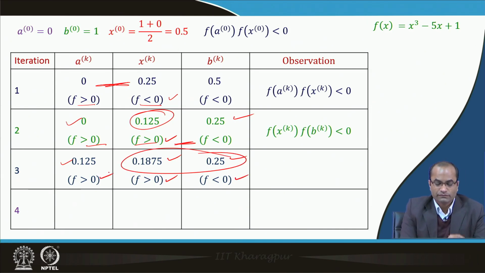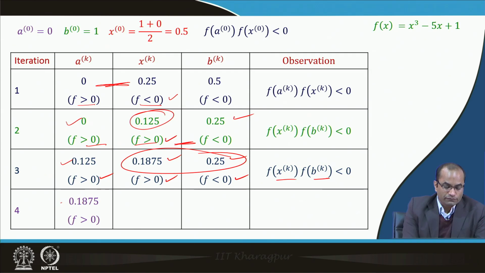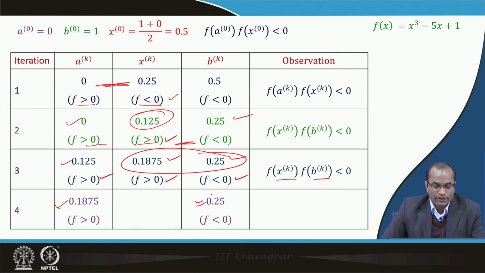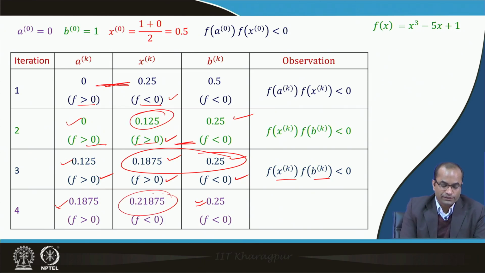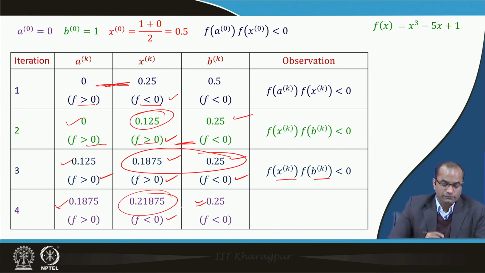So, this will give the new interval, because the product of f(x_k) and f(b_k) is less than 0. Our new interval is 0.1875 and 0.25, and again we will take the middle point here. So, we have the new value 0.21875 and f is negative there.